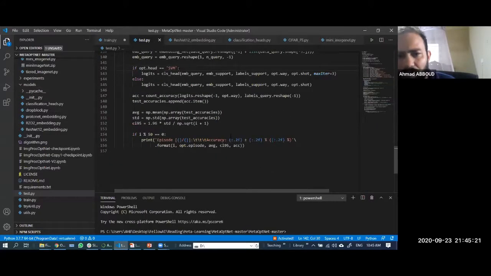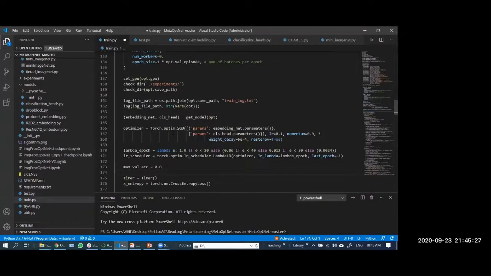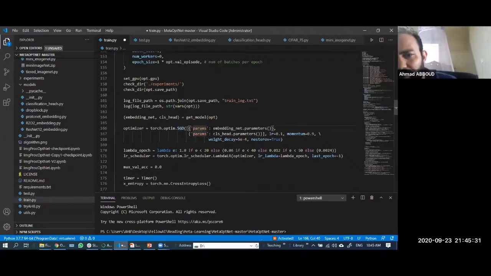I will show you on the same chart here. For example, here it is a torch optimizer SGD, and the parameters they took from the embedding, and then the parameters they took from the head. Can you see the screen?